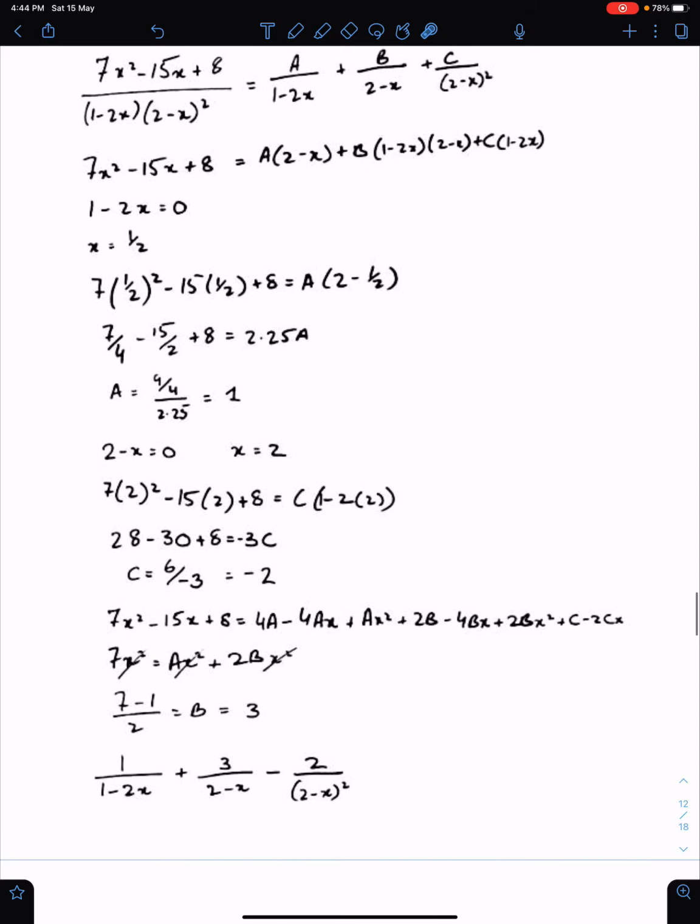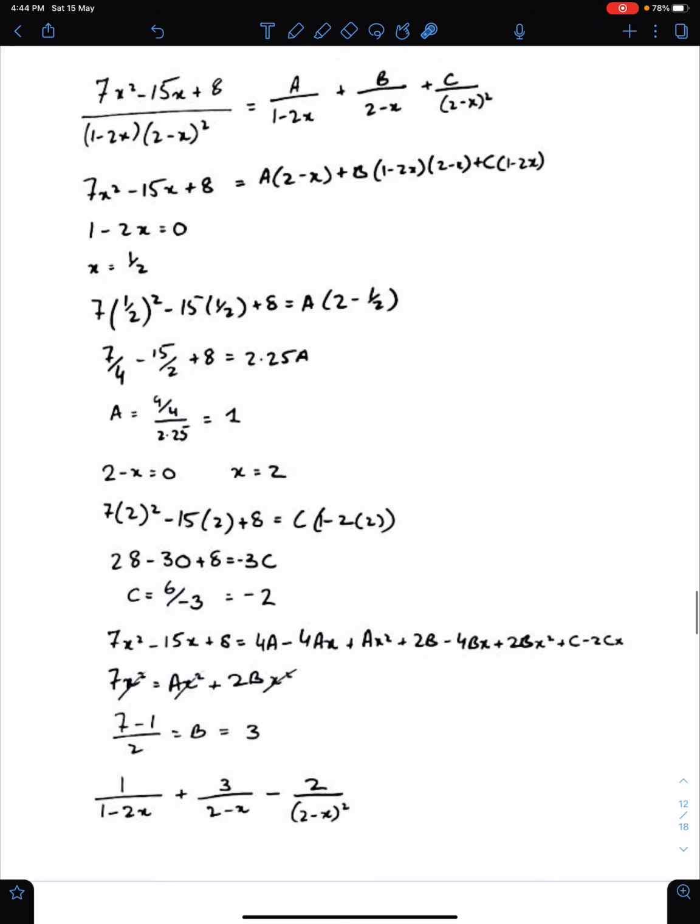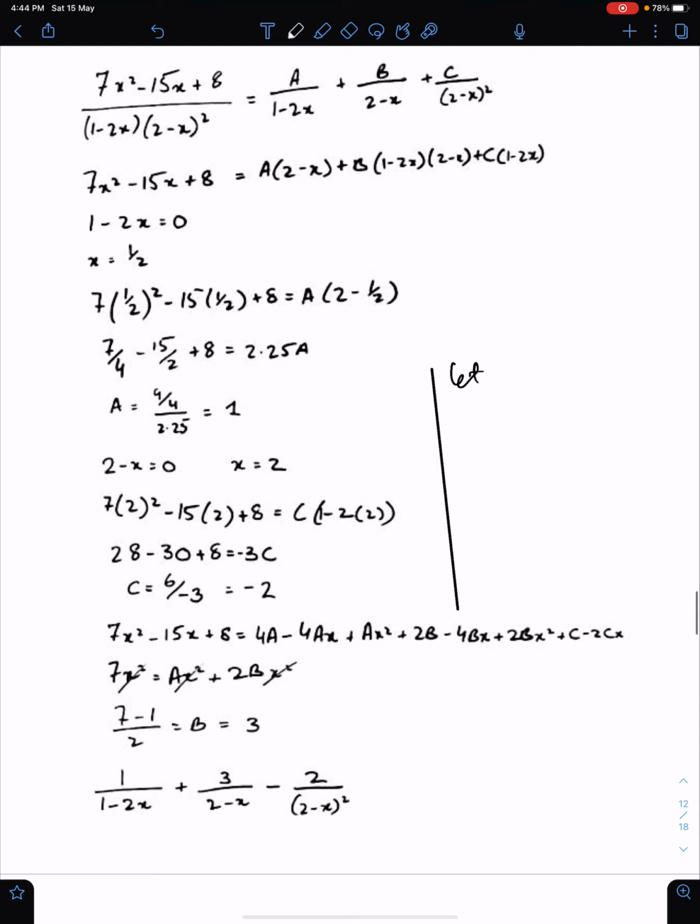This student used the comparing the coefficient method. The easiest method is the substitution method. You should use the substitution method instead. Let me do that method here. Let x be 0.